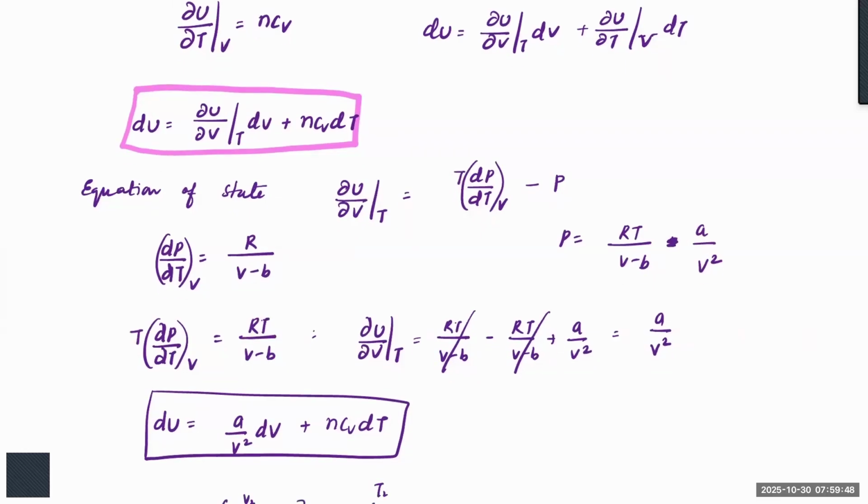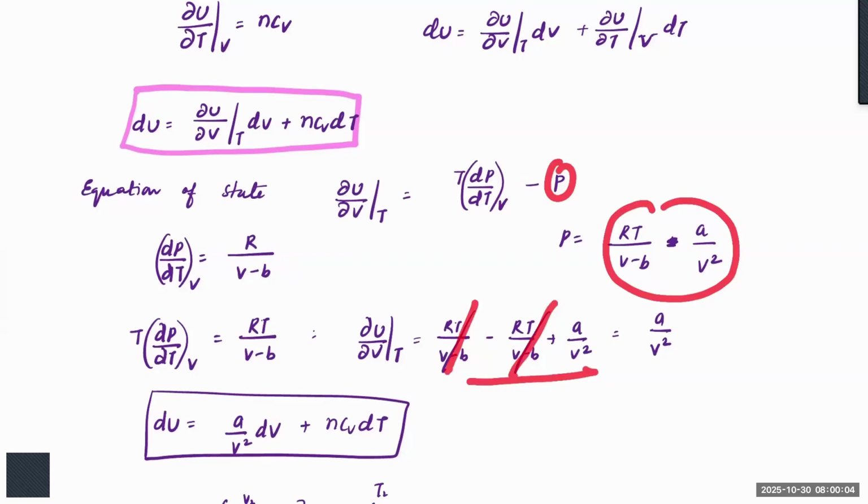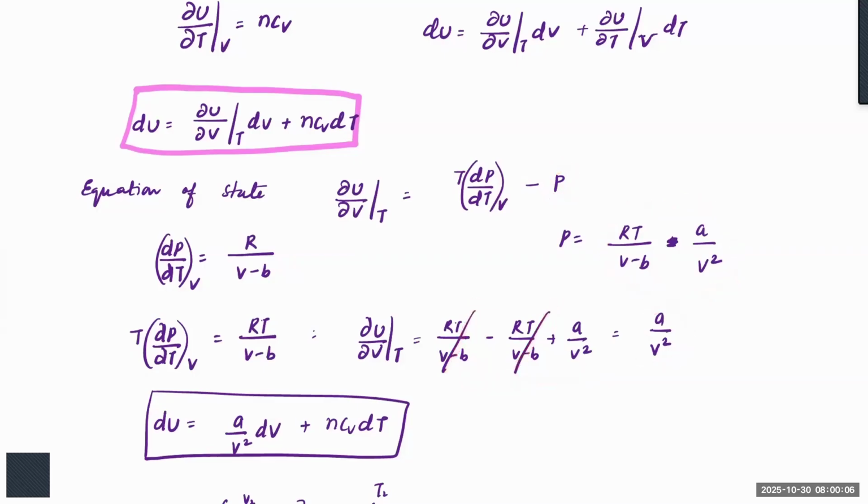Then what is the equation of state? dU by dV is equal to T dP by dT minus P, correct? So dU by dV is equal to this entire thing we found out to be RT by V minus b, minus the P value, you know that this is the one. I'm substituting that. So you can see these two will get cancelled. You will get a by V square.